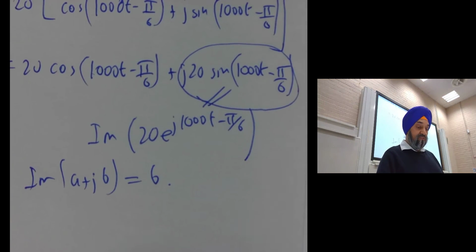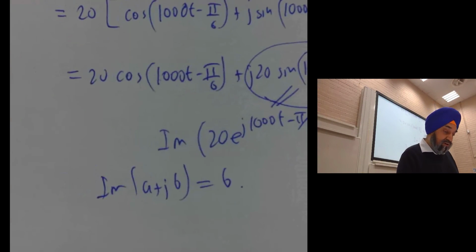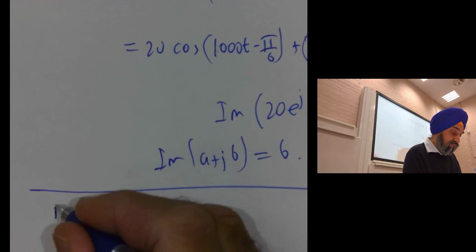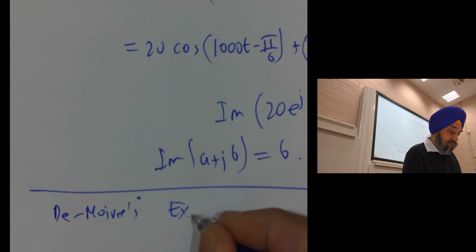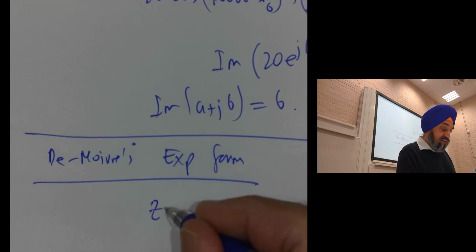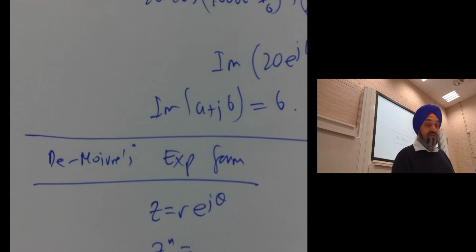De Moivre's theorem in exponential form: we've got Z equal to R e to the j theta. What's Z to the n going to equal?